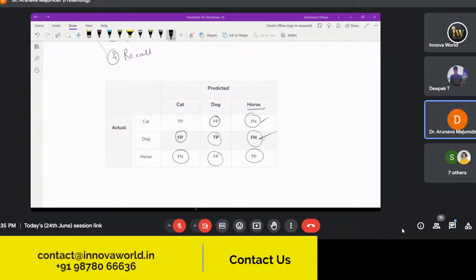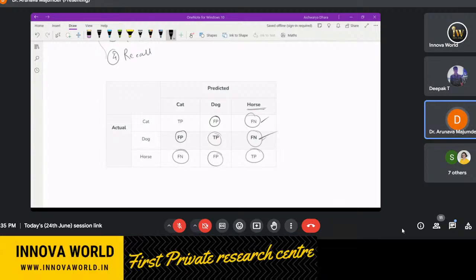Now understood? Okay. So now let me give you the example in the Jupyter notebook. I think you are using the Jupyter notebook as it is easier to use. So let me share the screen.